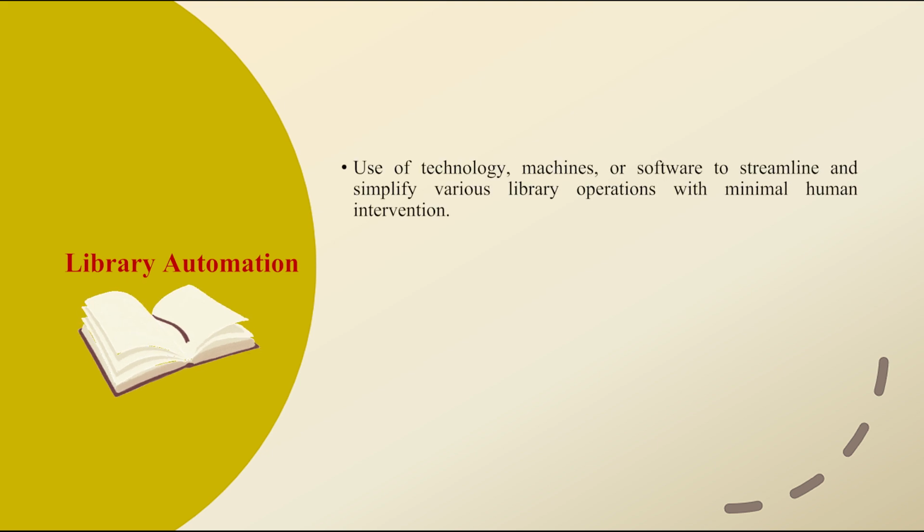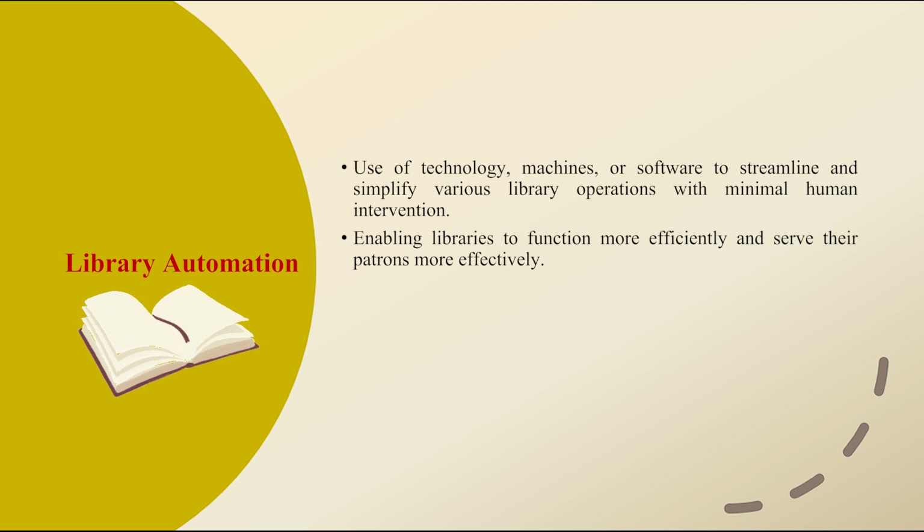So, use of technology, machines or software to streamline and simplify various library operations with minimal human intervention enables libraries to function more efficiently and serve their patrons more effectively. How will we serve effectively? Because if our library is modernized, then we can give service more efficiently. If a person comes and wants to know about a particular book, by searching or browsing he will be able to see what books are available.